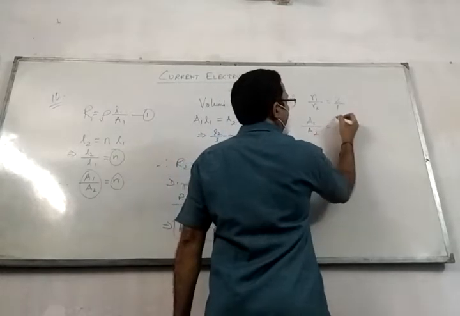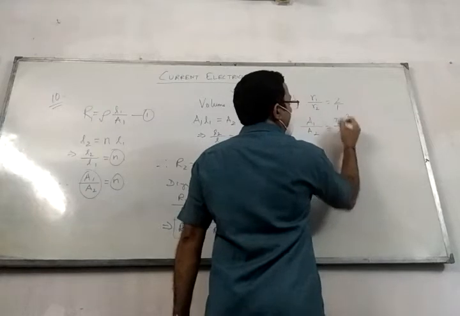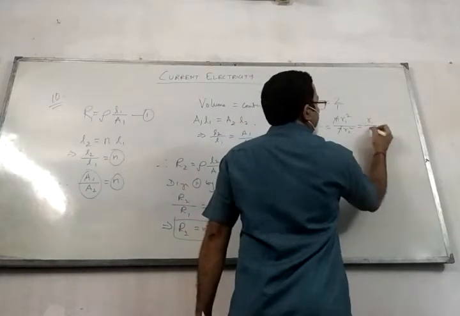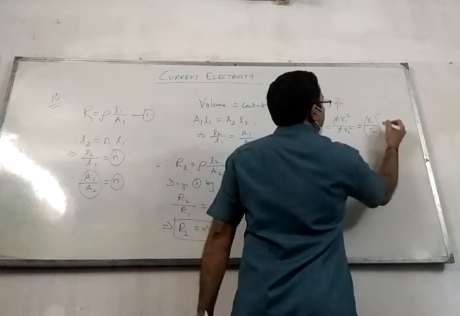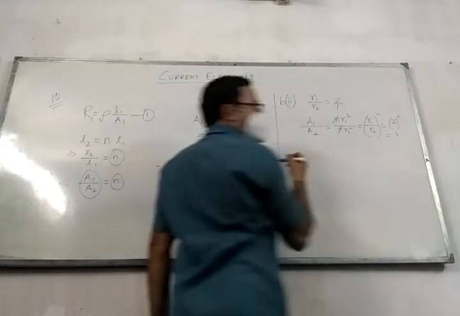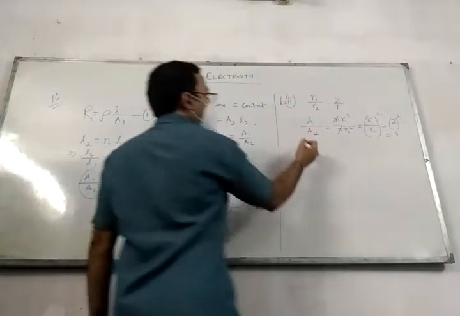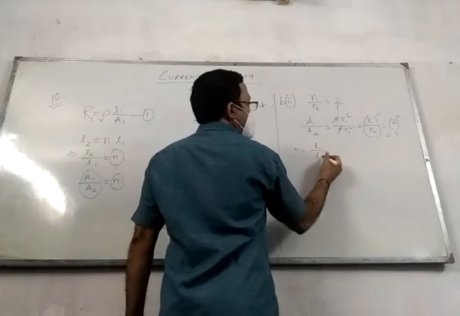A1 by A2 হয়ে যাবে pi r1 square by pi r2 square, pi cancels, it is r1 by r2 whole square, that is 2 whole square which is 4, right? তাহলে A1 by A2 যদি 4 হয়, we can clearly say L2 by L1 is also 4.